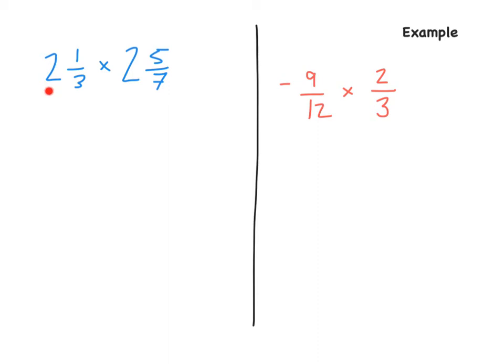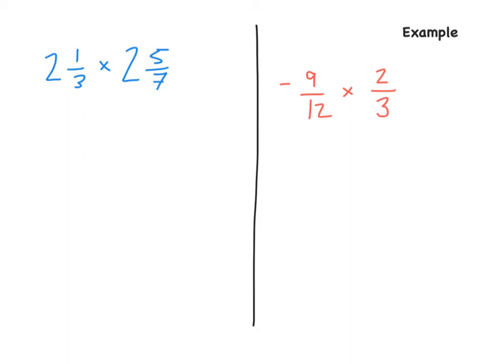So if I have 2 1/3 times 2 5/7, I haven't gone over how to multiply with mixed numbers, but I have taught you how to turn a mixed number into an improper fraction. So what we could do, we could turn this 2 1/3 into an improper fraction. So we'd multiply 3 times 2, which is 6, plus 1, which is 7.